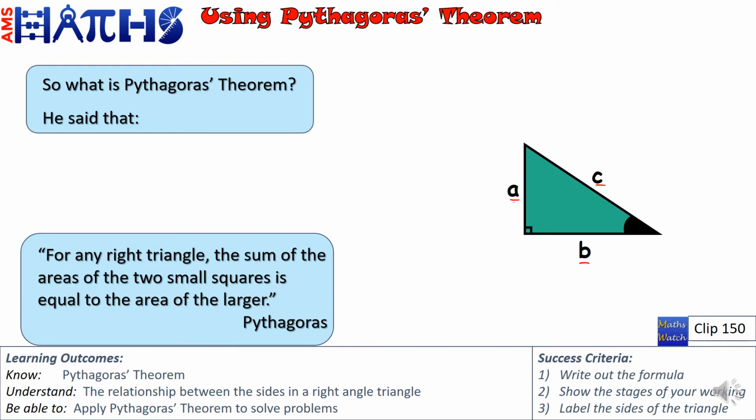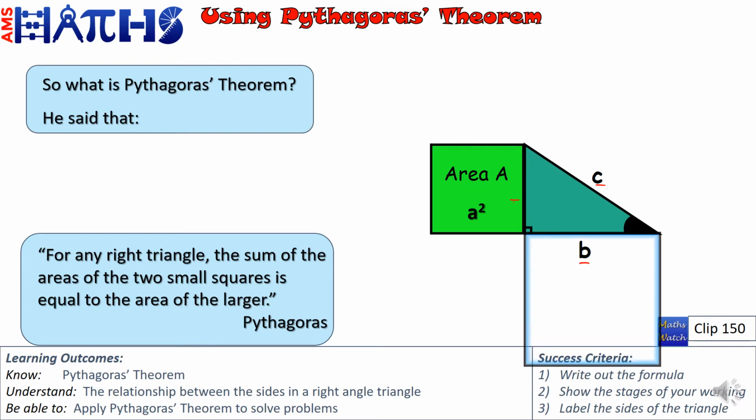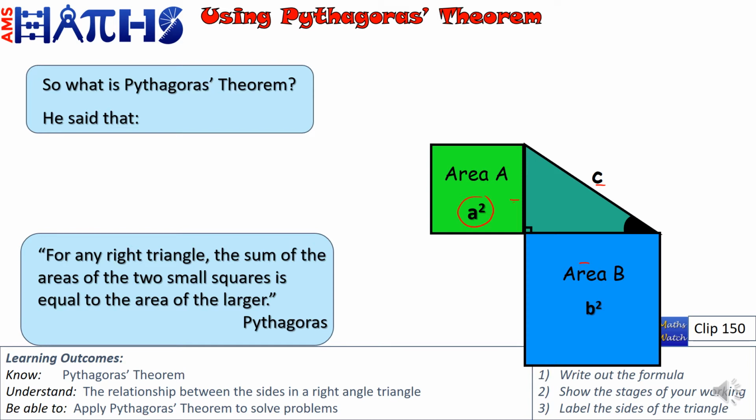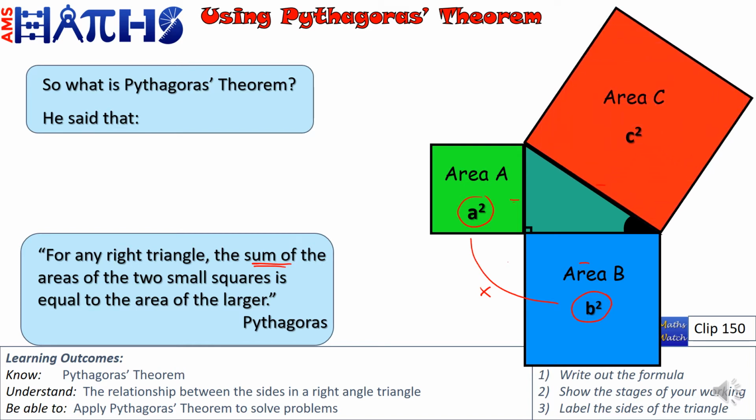So basically it's the same as just squaring the two short sides. So we square them, doing A times A, which is like finding the area of a square. So the area of A is A squared, and the area of B is B squared. And it says that when we find the sum of them, of A squared and B squared, if we add those two together, then we will get the square of the hypotenuse.